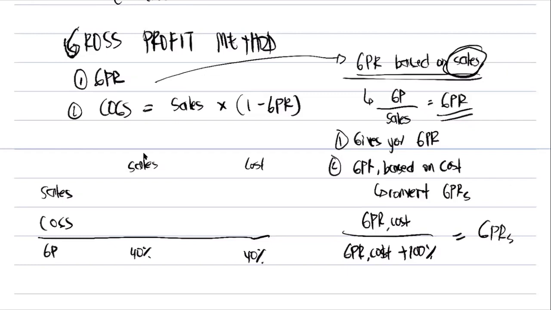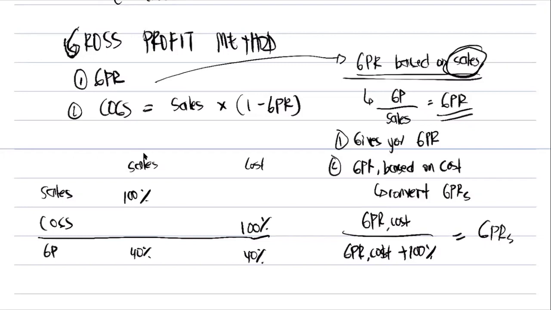Okay, so what is the basis of your sales? Gross profit rate based on sales is the sales. So take note, guys, whatever is the basis is the 100%. So this is 100%, 100%. Why did we place the 100% on your sales in your gross profit rate based on sales? Because again, the basis here is the sales.